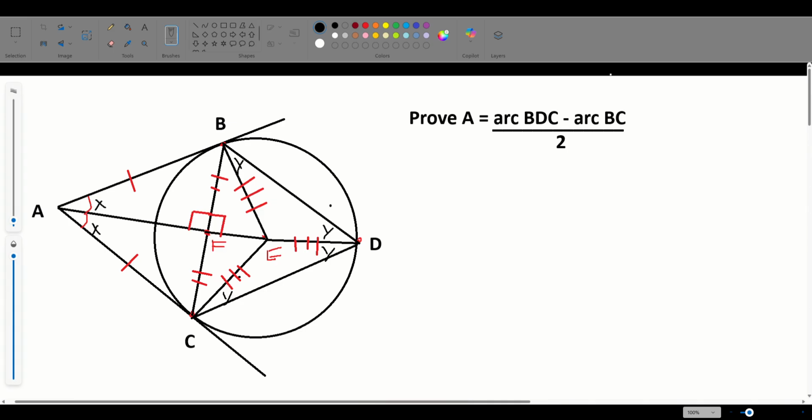So let's label these angles as Z. We know these two are congruent because this is part of its own isosceles triangle.